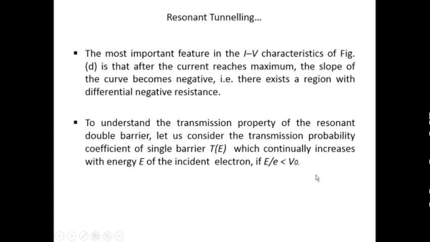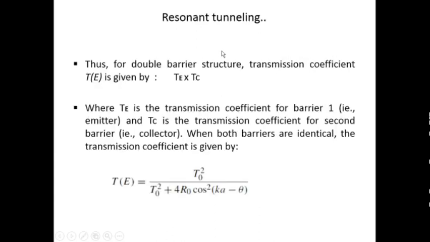Now, for the double barrier structure under resonant tunneling condition, the transmission coefficient is given by the product of the transmission coefficient of barrier 1 and the transmission coefficient of barrier 2. If T is the transmission coefficient of barrier 1 and Tc is the transmission coefficient of barrier 2, then the transmission coefficient of the double structure under resonant tunneling will be given by the product of T and Tc.